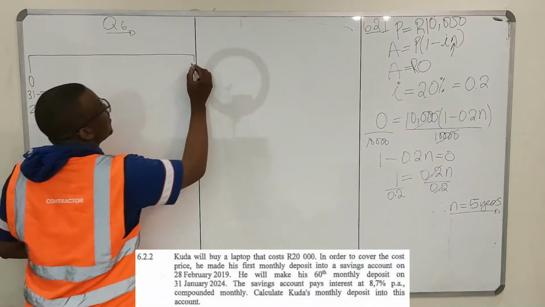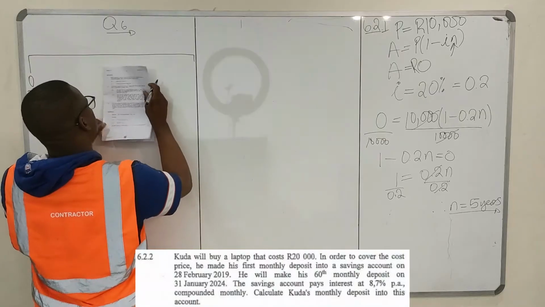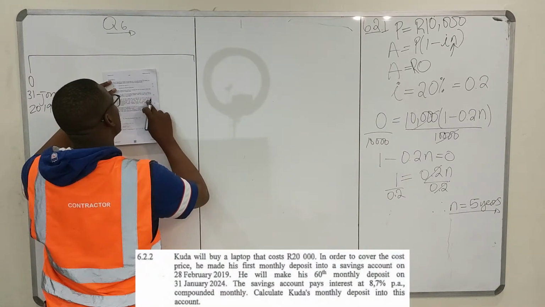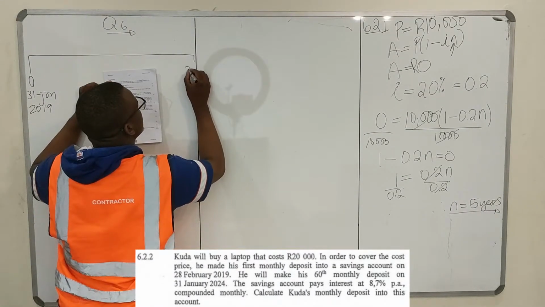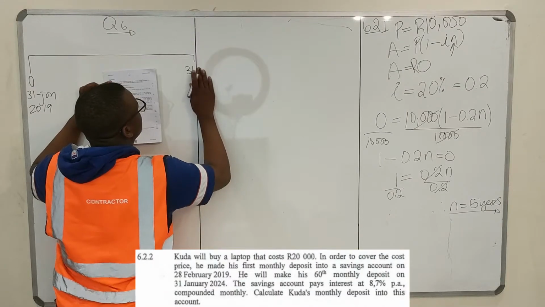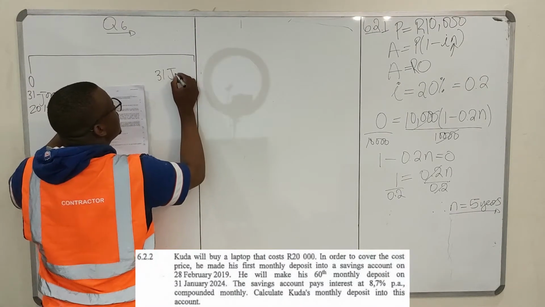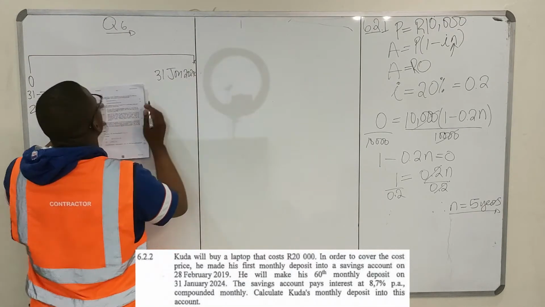Up here at the very end, he will make his 60th deposit on 31 January 2024. This is this time here.